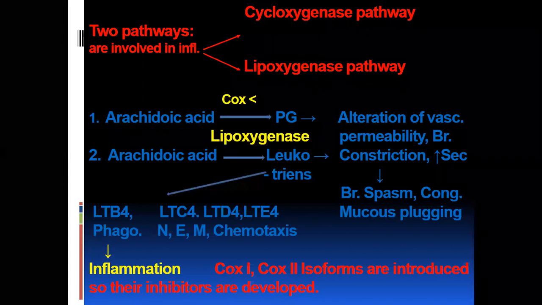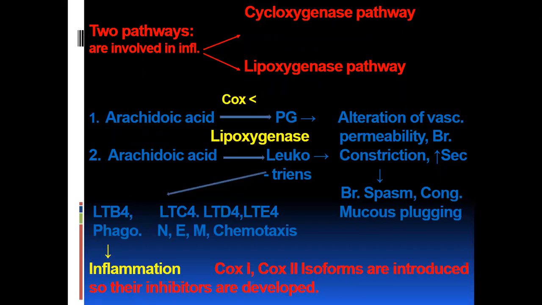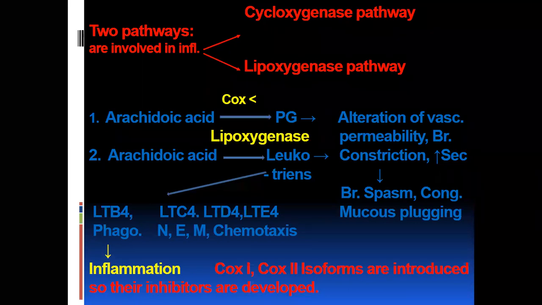Another way of description is arachidonic acid. In the same way, COX enzymes COX-1 and COX-2 act on arachidonic acid and convert it into prostaglandins, resulting in alteration of vascular permeability, bronchial constriction, increased secretion, and resulting in bronchial spasm, congestion, and mucus plugging. While arachidonic acid through the lipoxygenase pathway has the same processes, that is alteration of vascular permeability, constriction, and increased secretion via the leukotrienes.